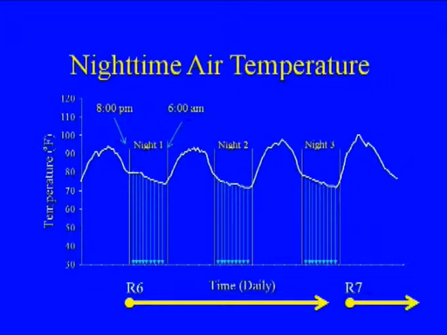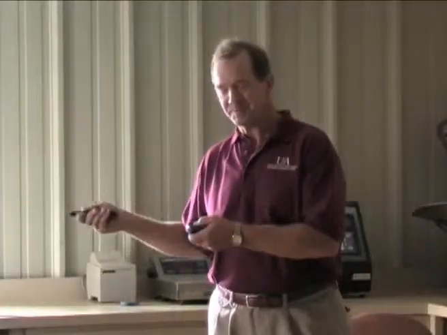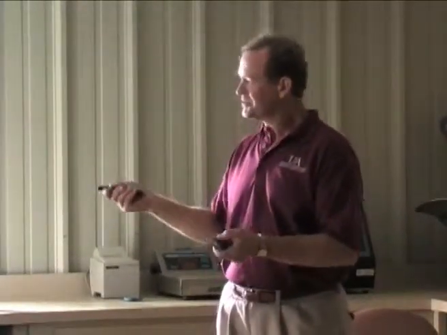And what we did is we identified the nighttime as starting at 8 p.m. and going to 6 a.m. So we looked at those temperatures during those nights, and then we plotted a frequency distribution. So what we wanted to look at was how many times was that 70 degrees Fahrenheit, 71, 72, etc. So for this particular case, this was the frequency distribution that we saw.